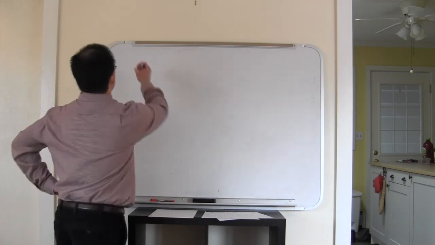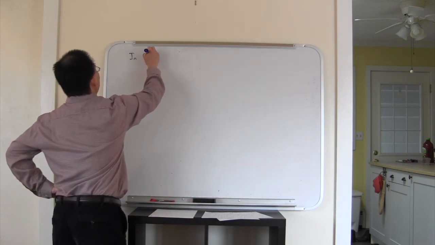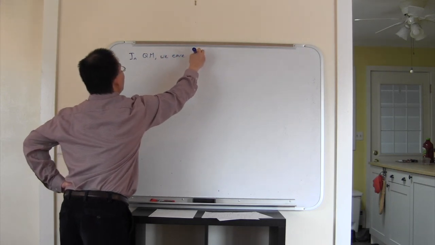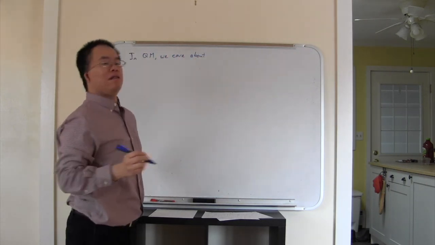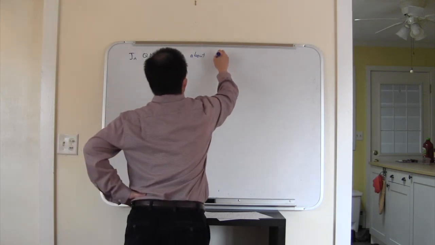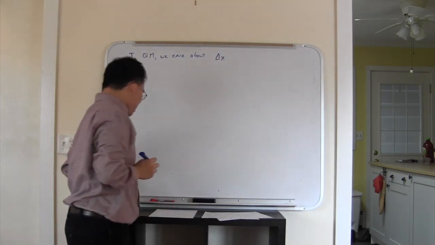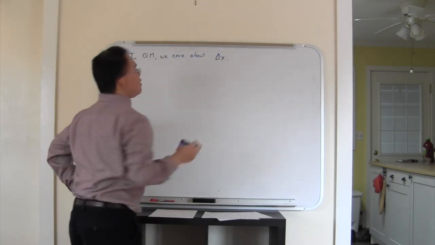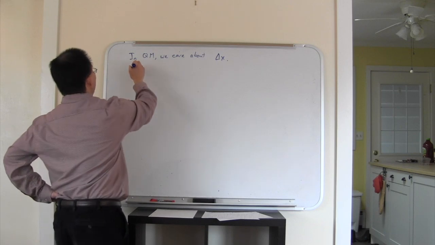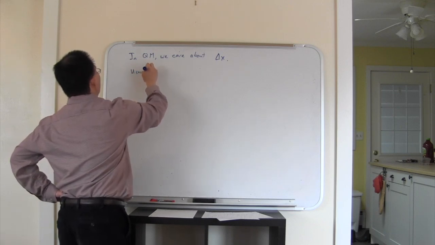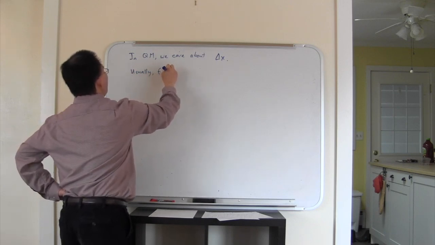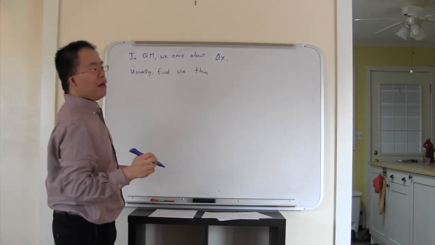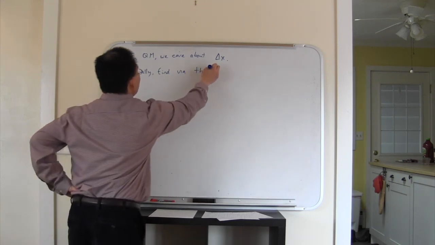So in QM, we care about the uncertainty in x, delta x, and to find it, it's often easiest to use the theorem we just used for the die rolling example.